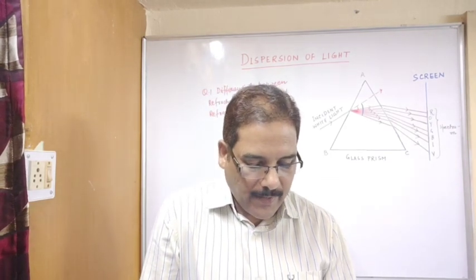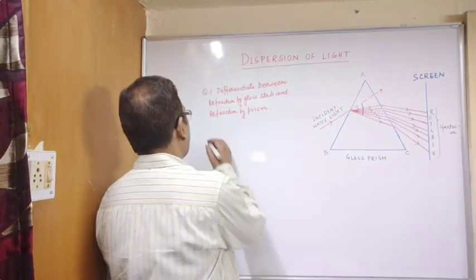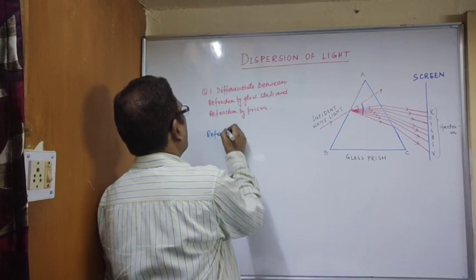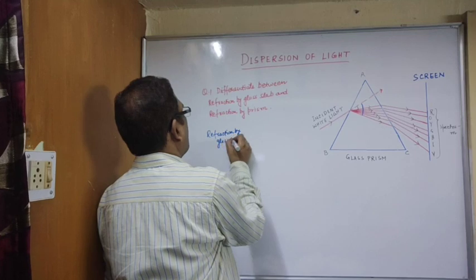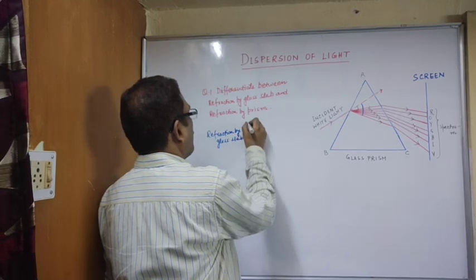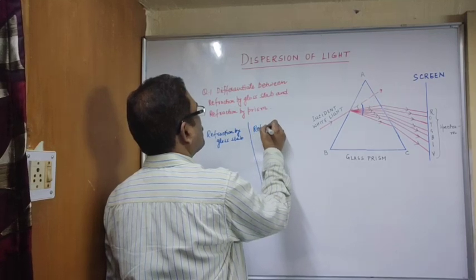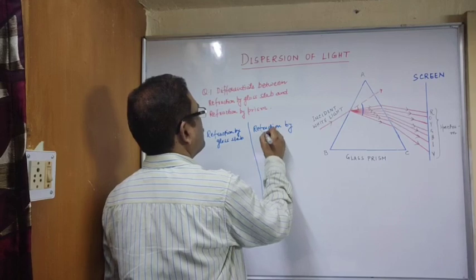So on the left hand side, refraction by glass slab, and on the right side you will write refraction by prism.